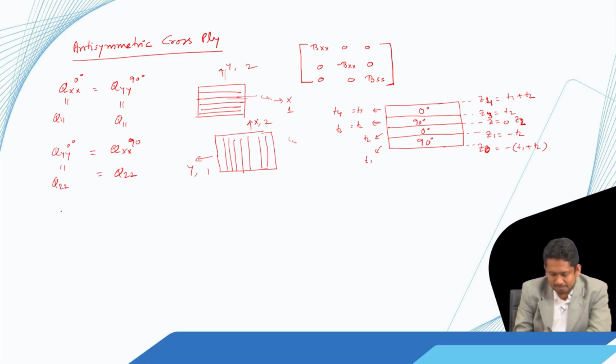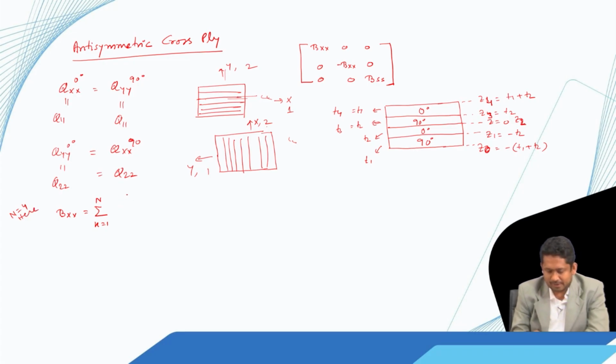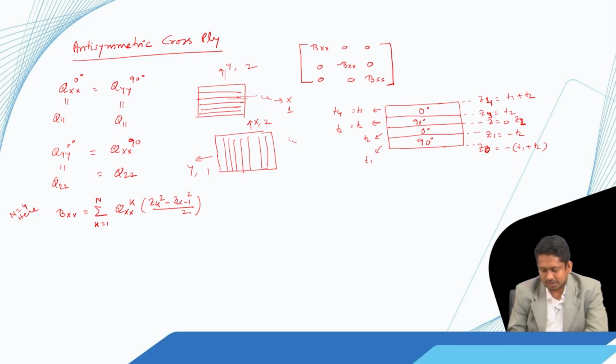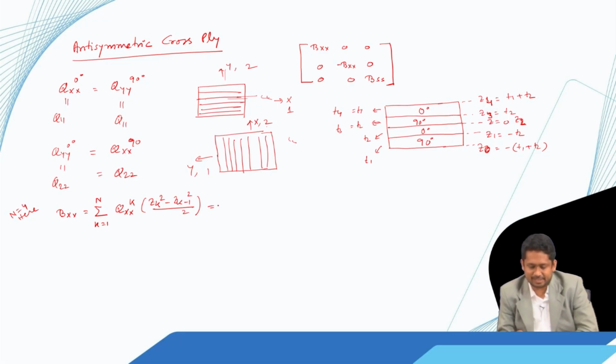So, for this ply Bxx becomes summation k is equal to 1 to n. In this case we have n is equal to 4 here. So, k is equal to 1 to n, and then we have Qxx of the kth layer multiplied by zk square minus zk minus 1 square by 2, and then let us expand that.